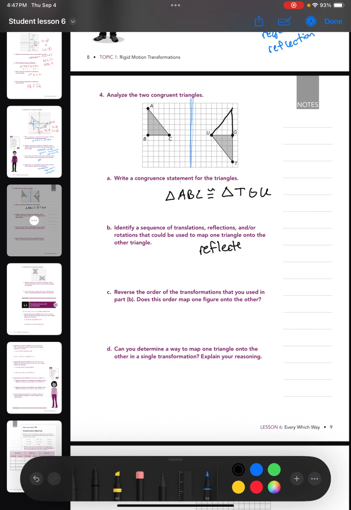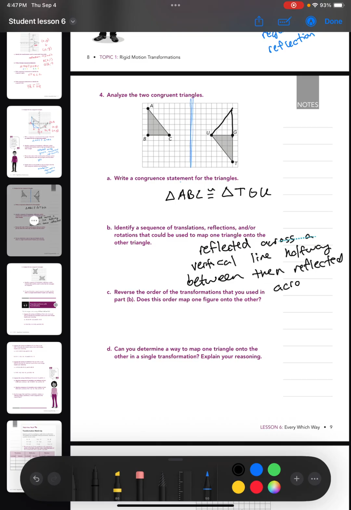So reflected across a vertical line halfway between, then reflected across segment UG. Again, that was that segment right here. We flipped over that segment and reflected. So reflected across segment UG.